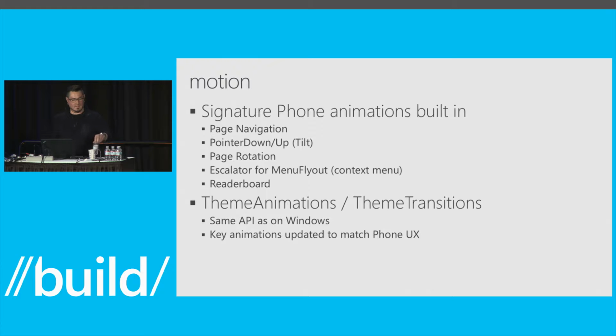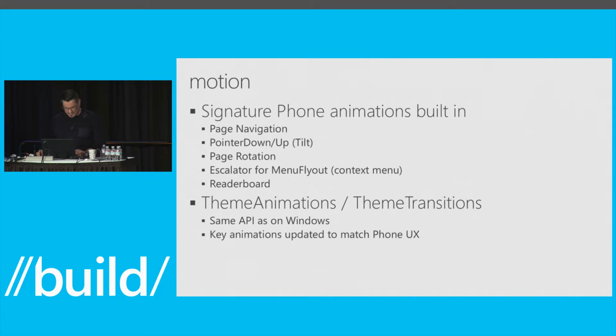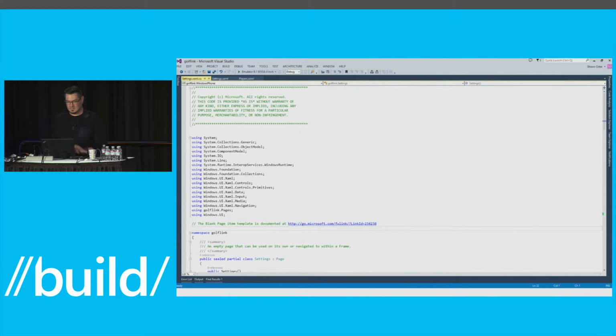So that's enough slide time. Let's go actually look at Visual Studio now. I bet you want to see it too. So let's figure out how to do this. Actually, I'm going to bump up this font so everyone can see it. How's that?